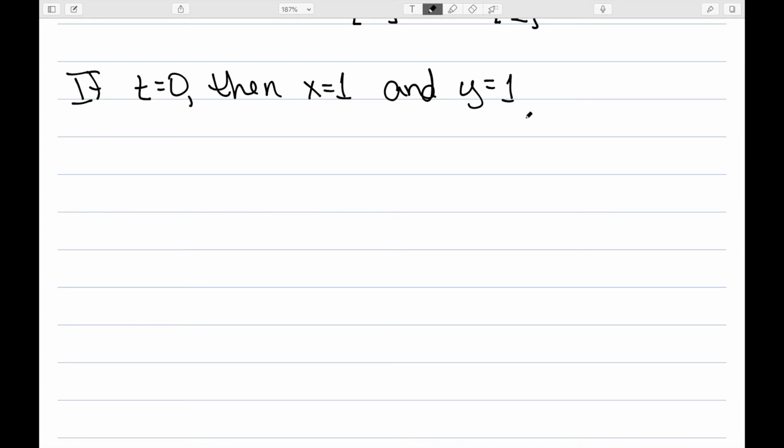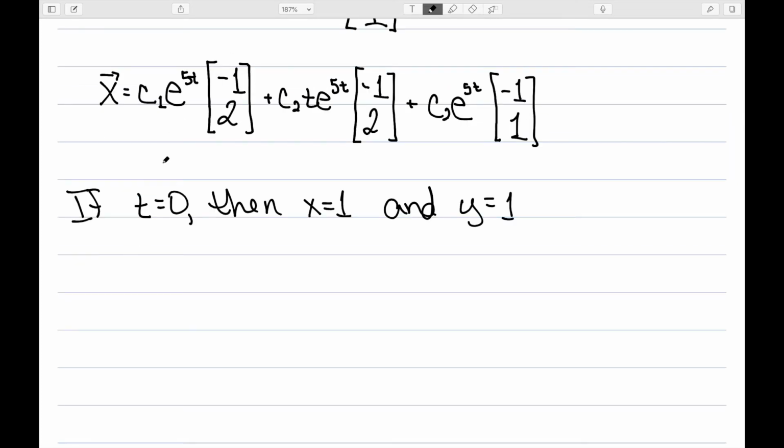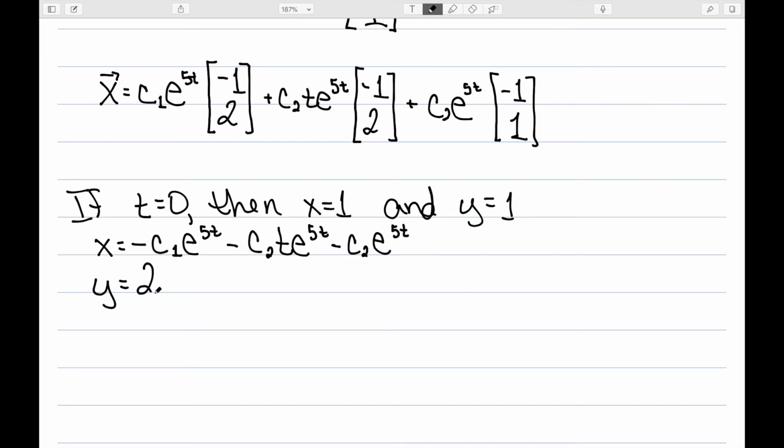Scroll up just a little bit here. The top row on each of these gives me x equal to negative c1 e to the 5t from the first vector. The second vector gives me negative c2 t e to the 5t. The third vector, minus c2 e to the 5t. The second row, this first vector here, gives me 2c1 e to the 5t. The second vector, second row, gives me plus 2c2 t e to the 5t.